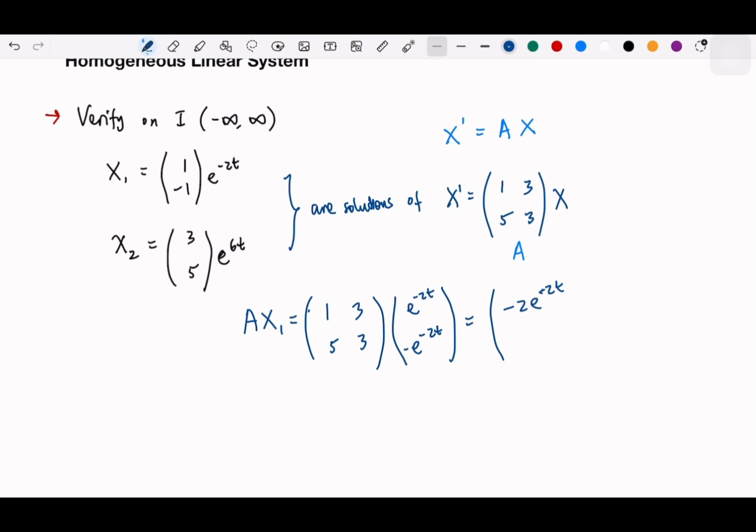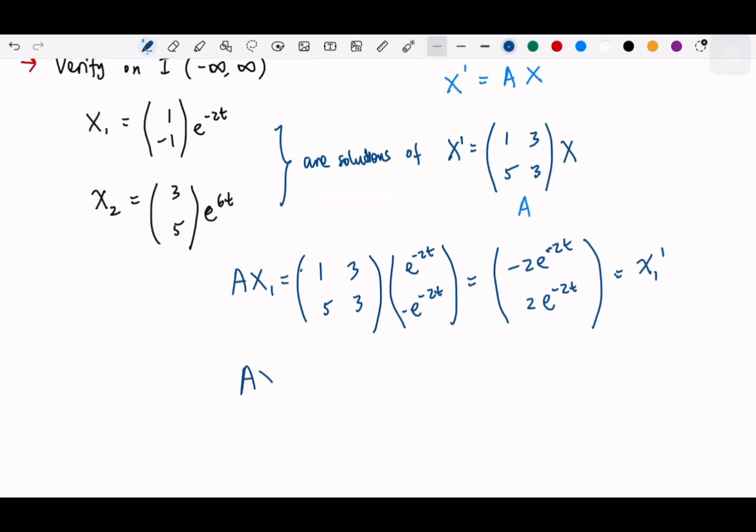And 5 minus 3, this would be 2. So this is equal to x1 prime.